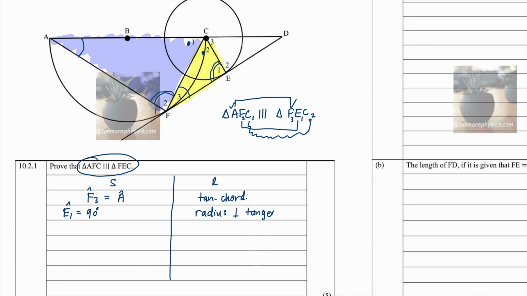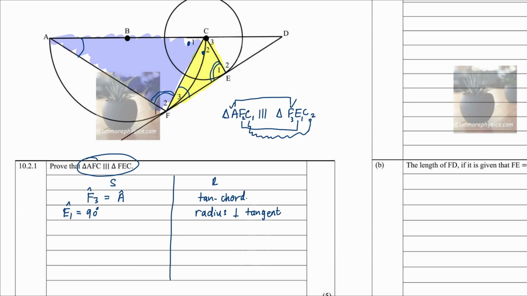Now we just need to figure out why F2 would be 90 degrees. Well, since we know AC is a diameter of the semicircle, F2 is going to be 90 degrees because it's angles in a semicircle.